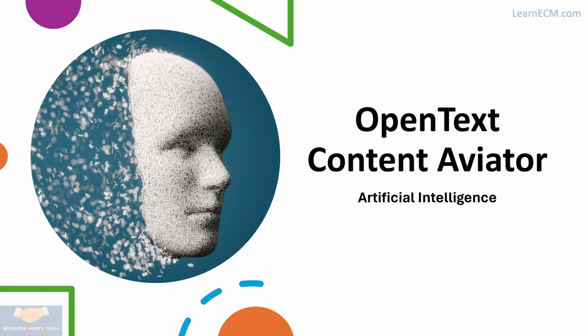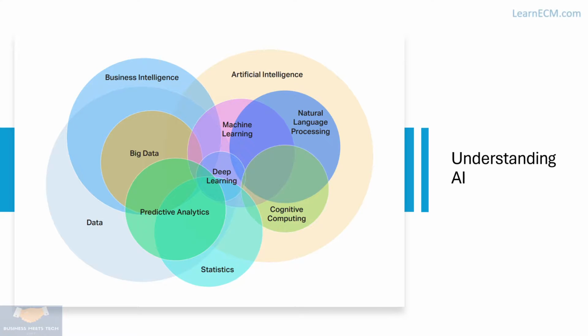So before we go into OpenText Content Aviator, let's first understand the different concepts, or at least let's understand on a high level what is artificial intelligence and how that is used by OpenText to create this Content Aviator. Right, so there are different terminologies we use when we talk about artificial intelligence, and there are different overlapping areas in this regard.